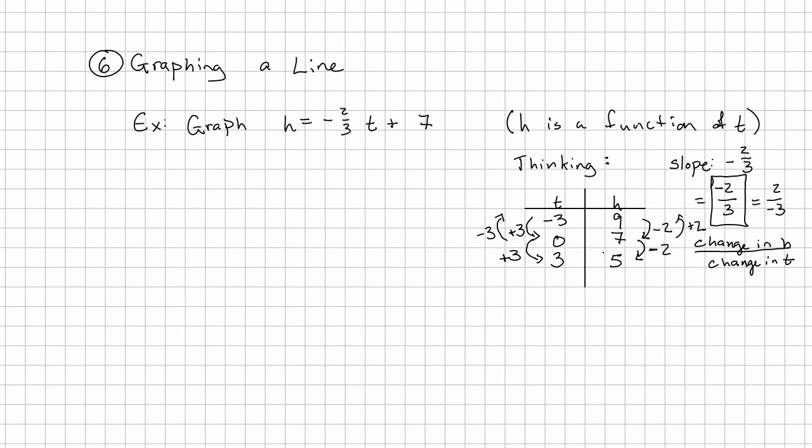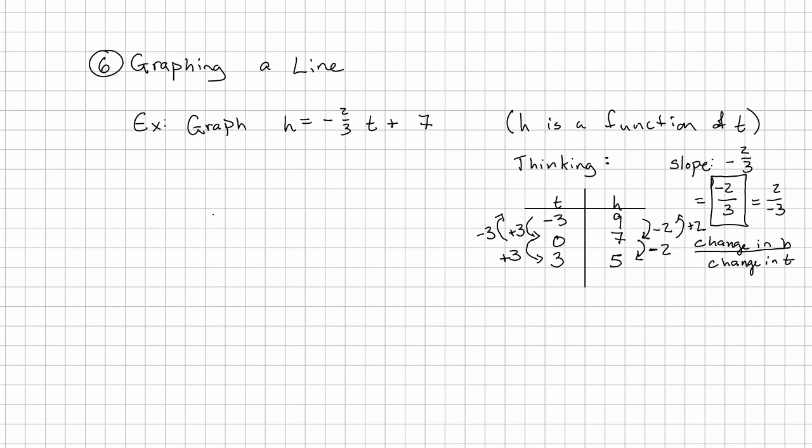And then as I go to the right, my h is decreasing. I'd kind of like it to get to the point where my h crosses my horizontal axis, right? I'd like my line to go all the way down to the axis. So I'm going to extend my t quite a bit to the right. But my h's are all big numbers, so I'm really going to have my h-axis only go up to 9.